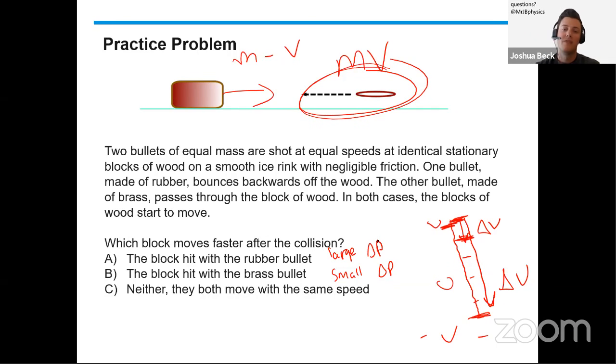So which one's going to move faster? The one that's hit with the rubber bullet. Why? Because it'll experience a larger increase in momentum. Why? Because the rubber bullet experienced a larger decrease in momentum. Okay, so remember, within a system, any momentum that one object loses, the other one has to account for the increase.